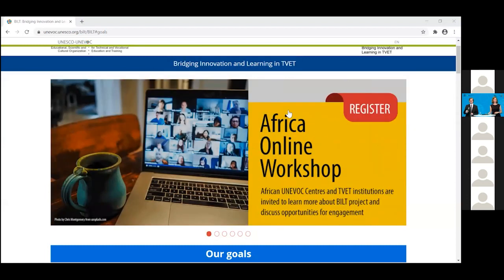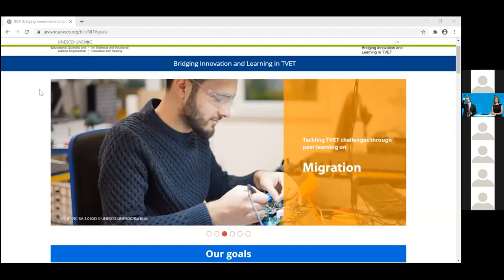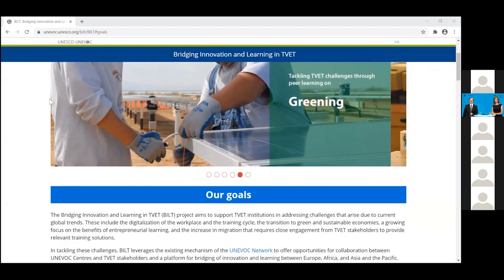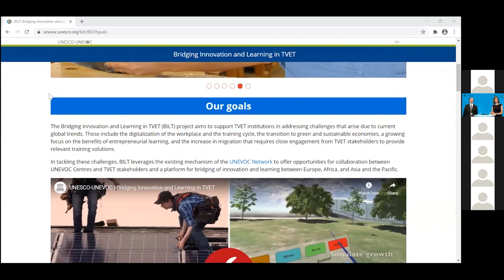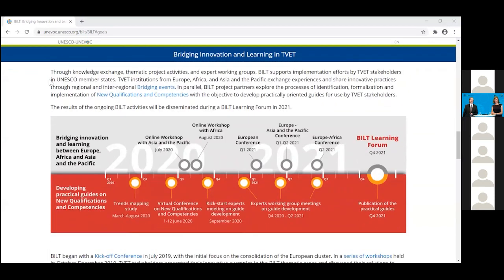We can, yes. Great. So yes, we wanted to bring your attention to the BILT website, www.univoc.unesco.org/BILT, where you can access a range of resources associated with the project. So here you can read about the project, see our upcoming events.